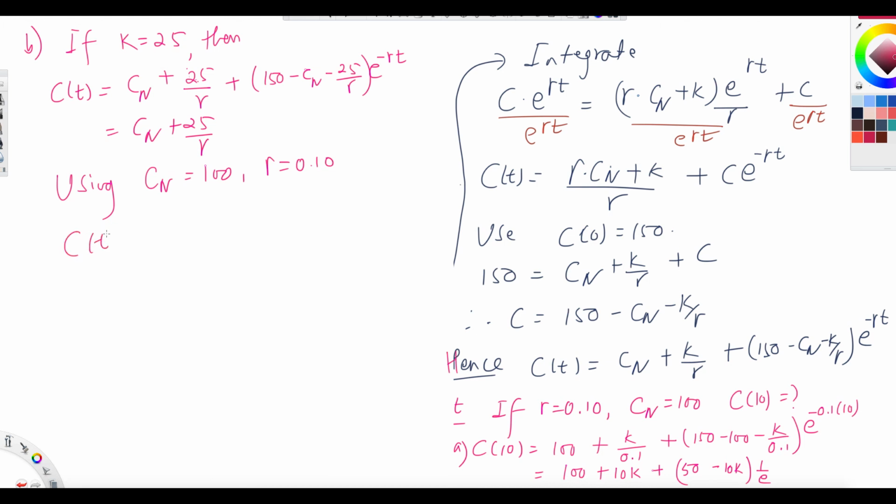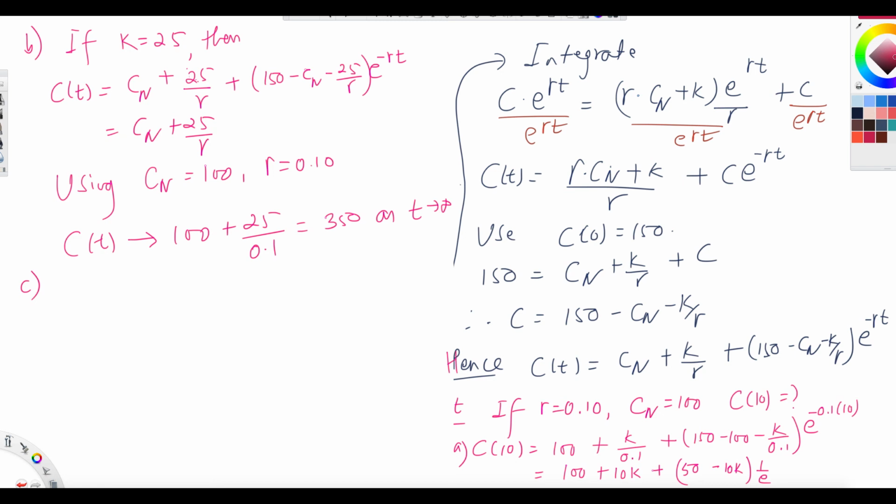C(t) tends to 100 plus 25 over 0.1, which is 350 as t tends to infinity. That is part B.